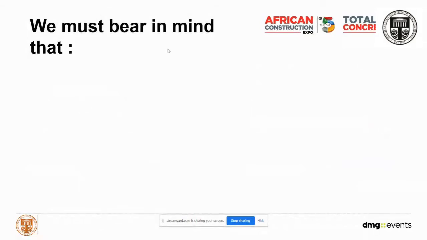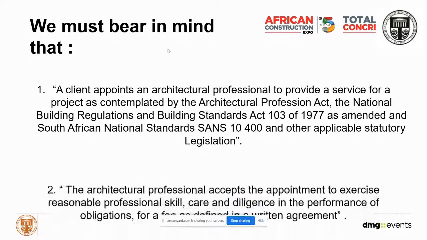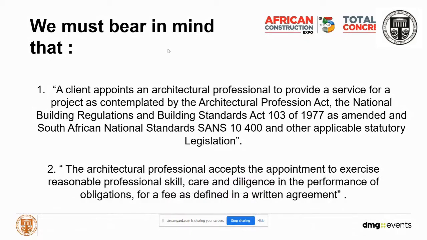We must bear in mind that a client appoints a professional to provide a service for a project as per the Act. In turn, the architectural professional accepts the appointment. And in accepting that appointment, they then promise to exercise reasonable professional skill, care, and diligence in the performance of that service.